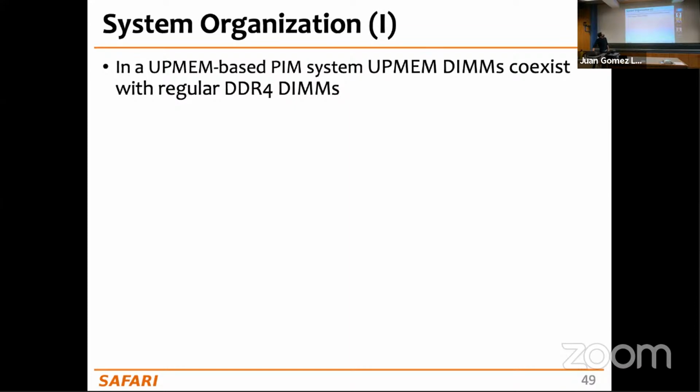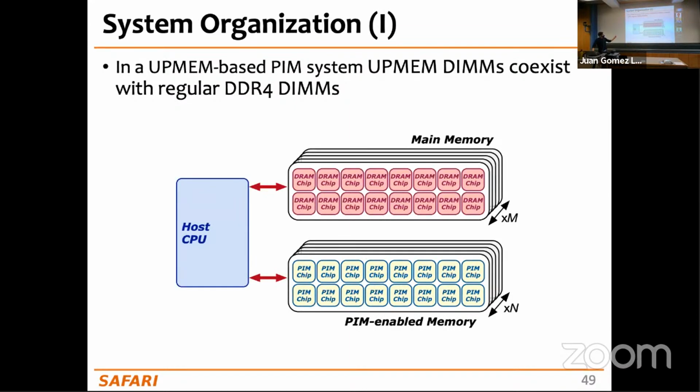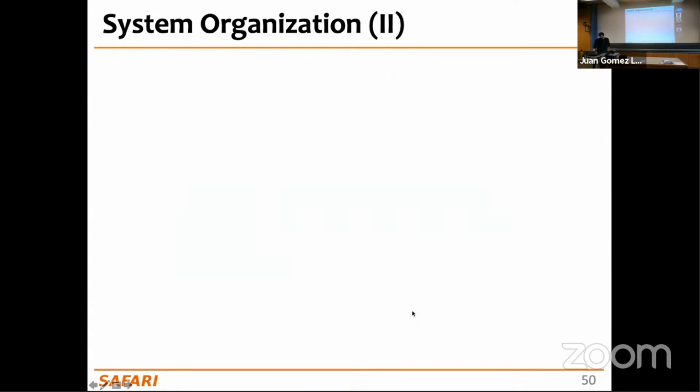So, if we take a look at the system organization, this is how it looks. You will typically find in a UPMEM-based PIM system a host processor, a CPU, and then some DIMMs of DRAM, for example, regular DDR4 DIMMs that are used as the main memory, as usual. And then we have some other DIMMs that represent the PIM-enabled memory.